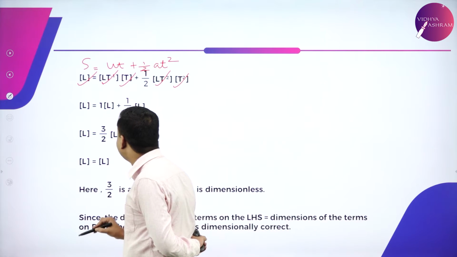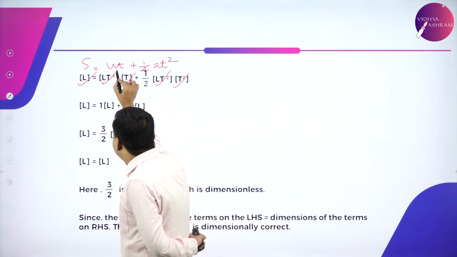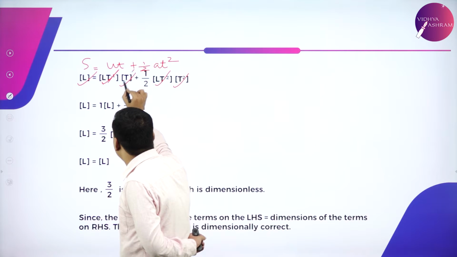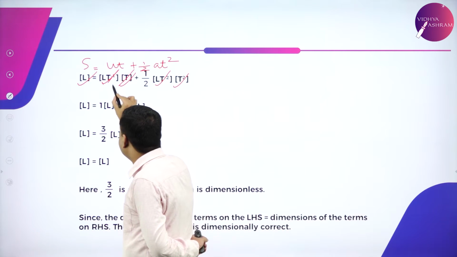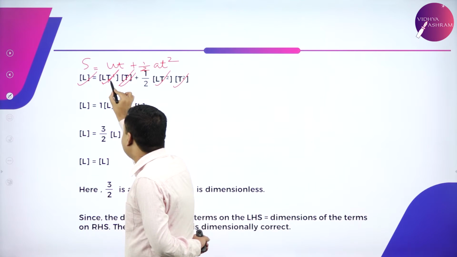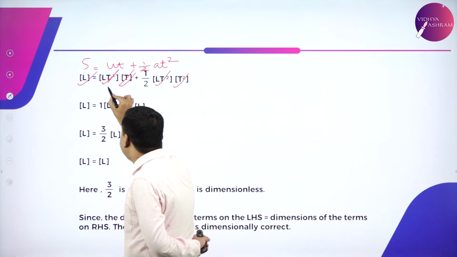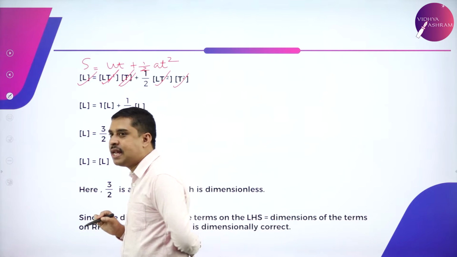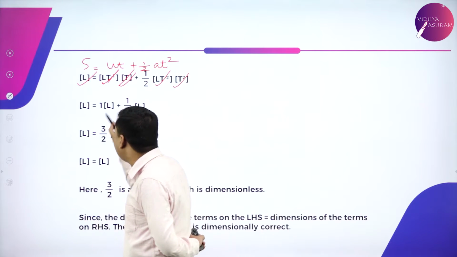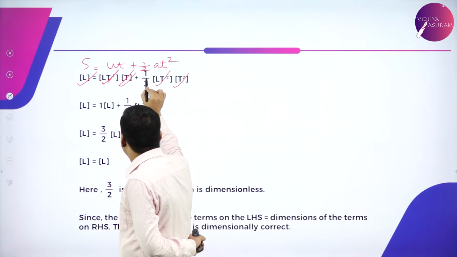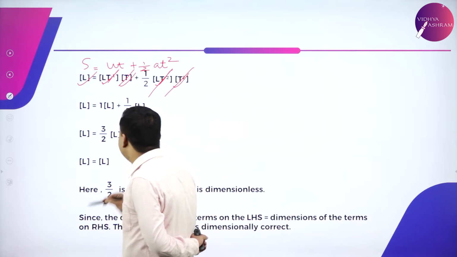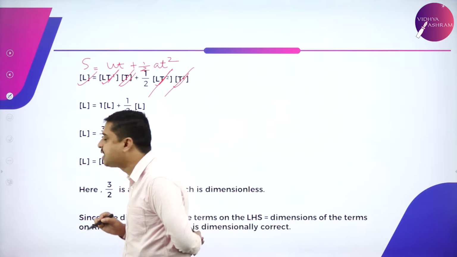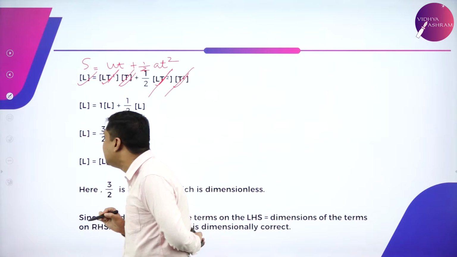L equals this T minus 1, T plus 1 gets cancelled. L remains. When I simplify this, T minus 1, T plus 1 gets cancelled. What remains? L plus half T minus 2, T plus 2 gets cancelled. What remains?